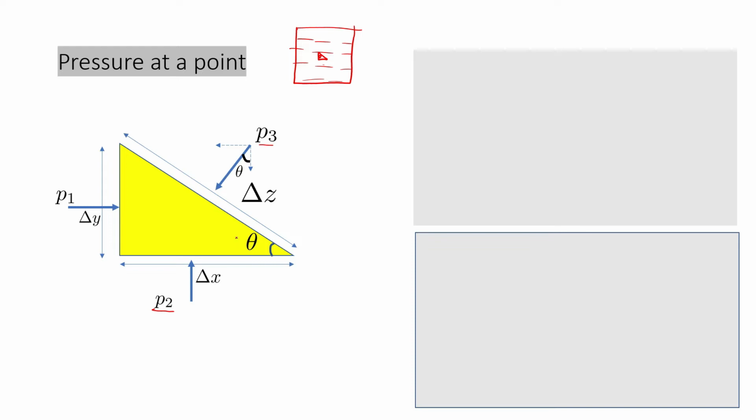If you take the x direction, what are the forces acting in this direction? Similarly, in the y direction, what are the forces acting? Since the fluid element is in equilibrium, all the forces are balanced, so all the forces in the x direction and y direction are balanced.